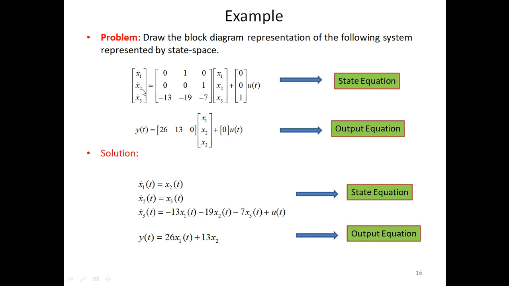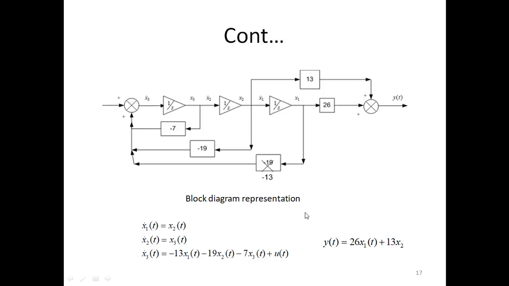Next, x2 dot equal to 0 plus 0 plus 1 times x3 plus 0. Then x3 dot t equal to minus 13 x1 minus 19 x2 minus 7 x3 plus ut. Now the output equation yt equal to 26 x1 plus 13 x2t plus 0 plus 0. So this is the output equation.